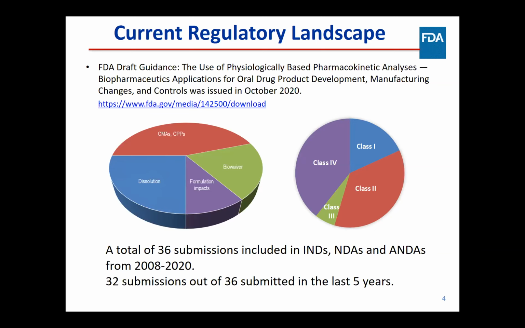To this date, a total of 36 PBPM submissions have been submitted to FDA, which includes investigational new drugs, INDs, NDAs, ANDAs, and NDA and ANDA supplements for FDA's review. Of these 36 applications, 32 were submitted in the last 5 years. Now that the guidance is issued, I expect this number to increase.